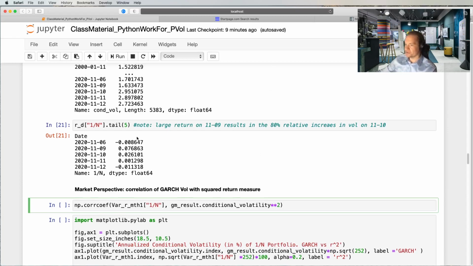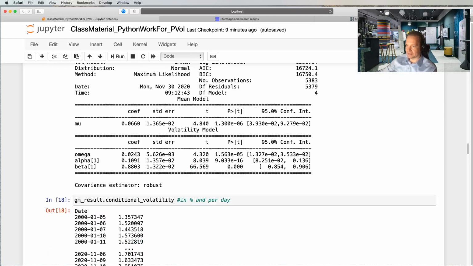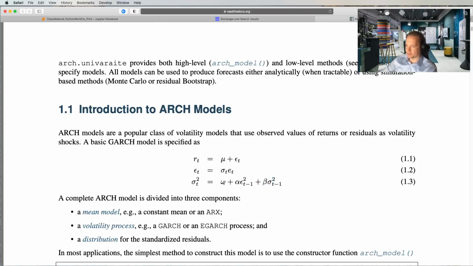And if you looked carefully here, the squared return measure would be omega is 0, alpha is 1, beta is 0. Right? Because ignoring the mu, epsilon square is r square.